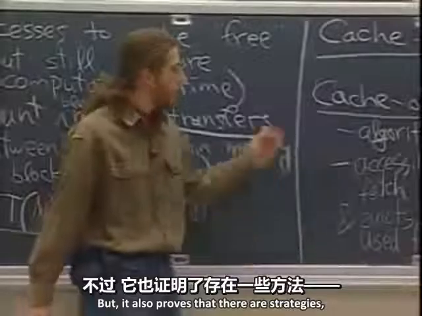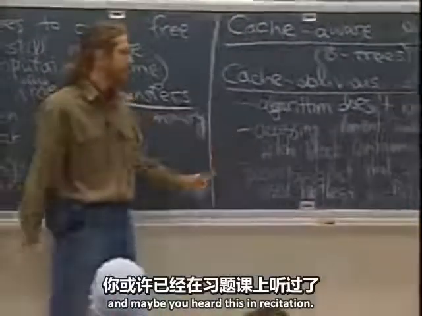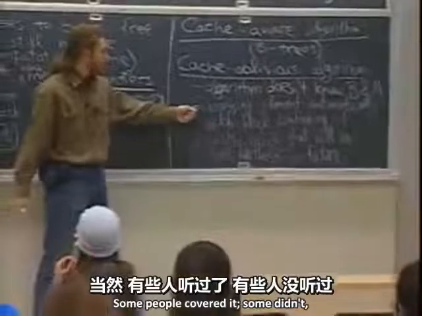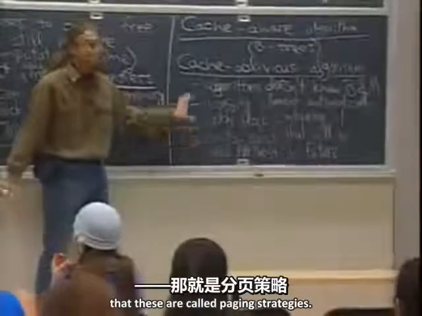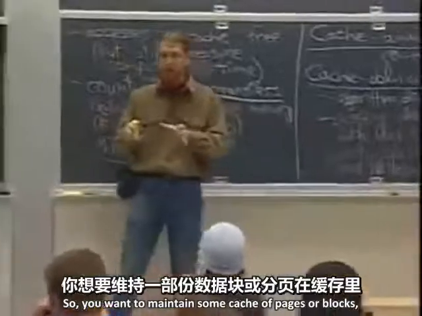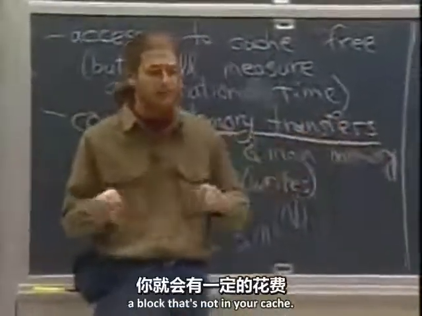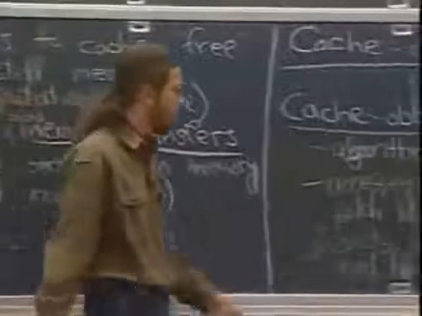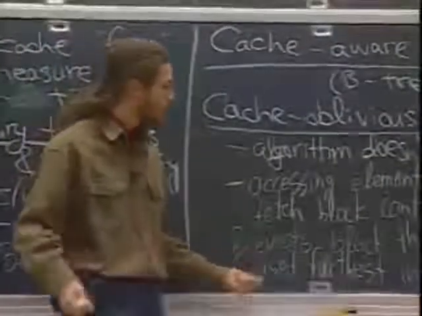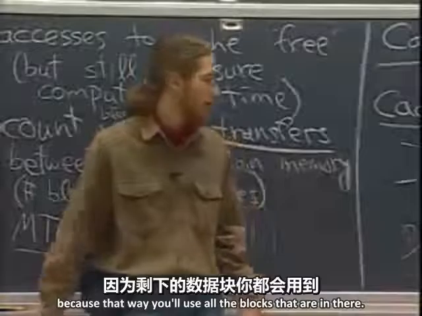But it also proves that there are strategies, and maybe you heard this in recitation, some people covered it, some didn't, that these are called paging strategies. So you want to maintain some cache of pages or blocks, and you pay whenever you have to access a block that's not in your cache. The best thing to do is to always kick out the block that will be used farthest in the future, because that way you'll use all the blocks that are in there.